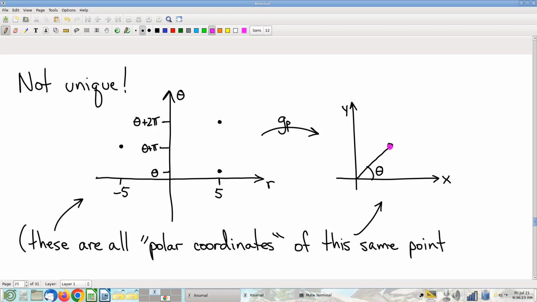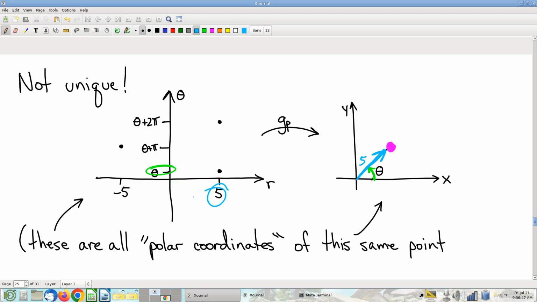So let's talk about this point right here. That point could be thought of as, well, this being the angle, that value of theta, whatever that is. And maybe I have to go this far from the origin. Let's say that distance is 5 arbitrarily.